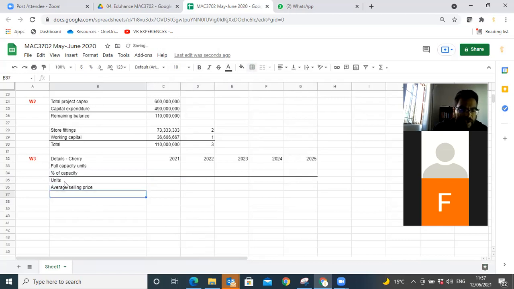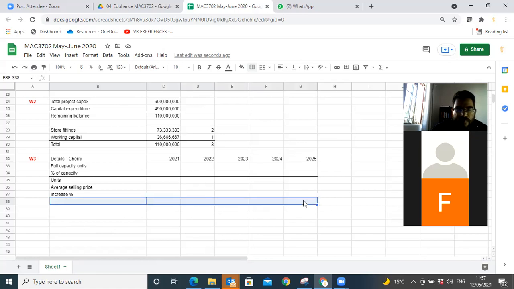And then we're going to have increase percentage. And then it's going to give us revenue, sales, revenue, and then we can work out the cost price.